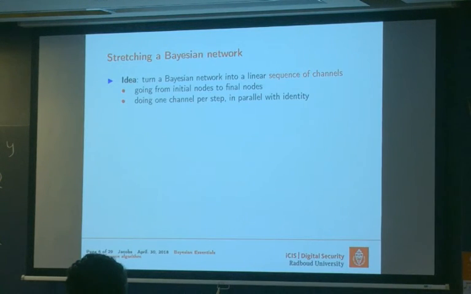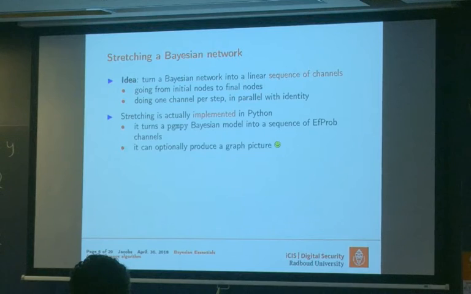The idea is if you have a Bayesian network, there is a way of ordering all the nodes in such a way that all the predecessors have already been visited. And there are many ways to order a network in this way. It doesn't matter too much, and there's a mathematical result in which way you do that. The stretching, I actually wrote in Python implementation for this, and also I'll show you some outcomes and get some nice pictures of this.